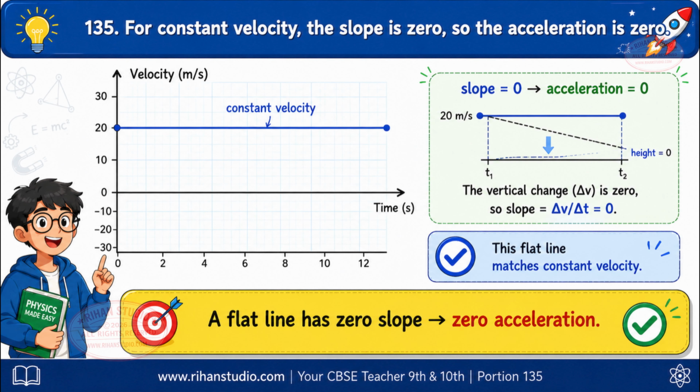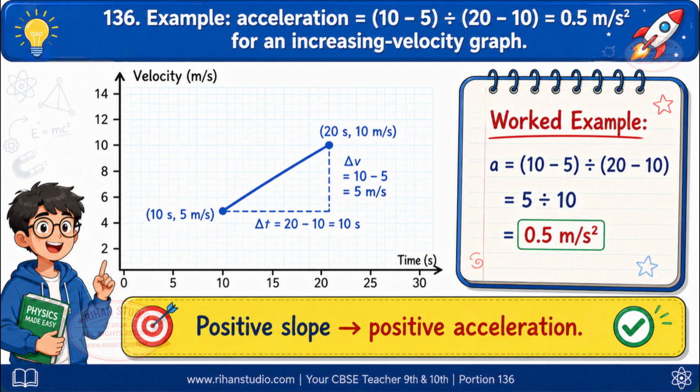For constant velocity, the slope is 0, so the acceleration is 0. A flat line has 0 slope and therefore 0 acceleration, consistent with constant velocity. Example: acceleration equals 10 minus 5 divided by 20 minus 10, which is 0.5 meters per second squared for an increasing velocity graph.